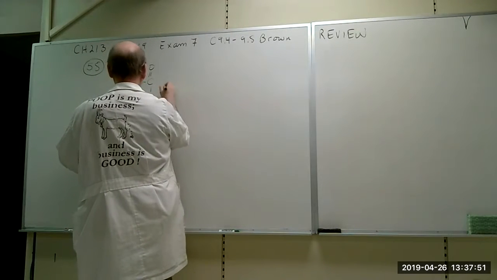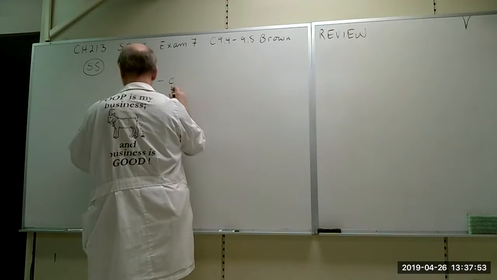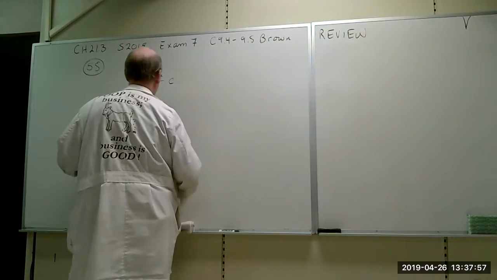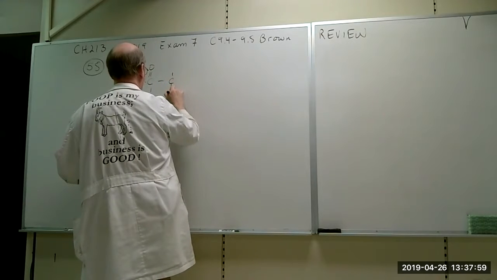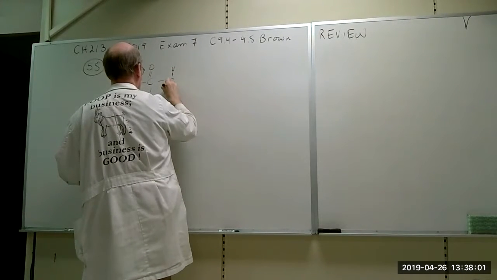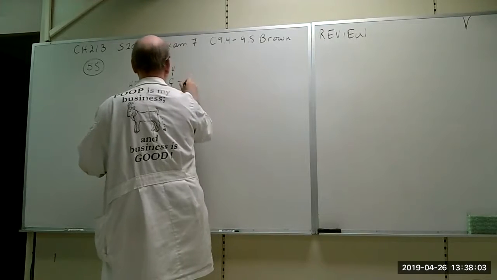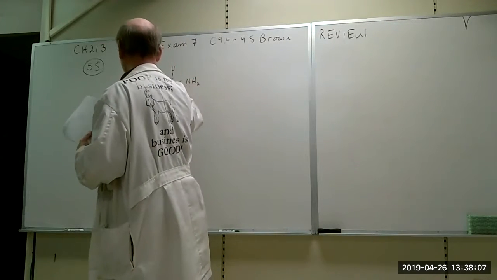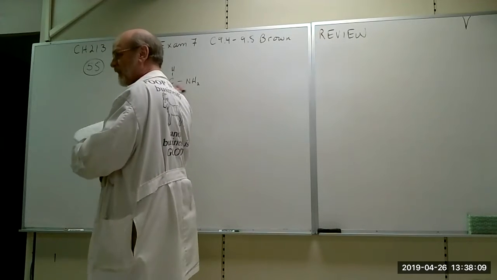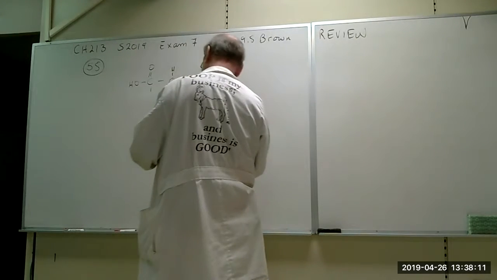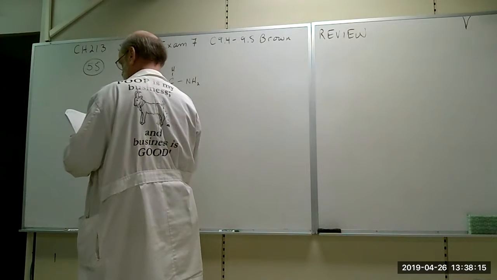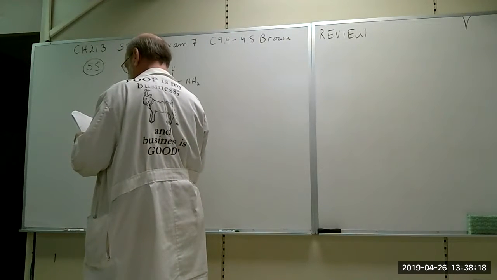This is carbon 1, carbon 2. So let's move that out of the way. This is carbon 2. And then there's the amino part. There's the acid part. Amino acid. Okay. Indicate the hybridization at each nitrogen and carbon atom in the molecule.